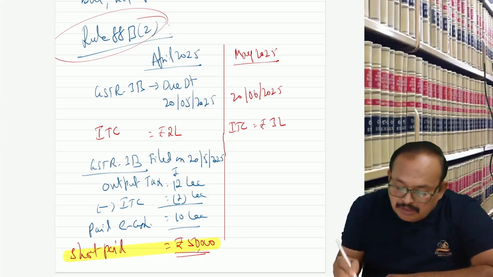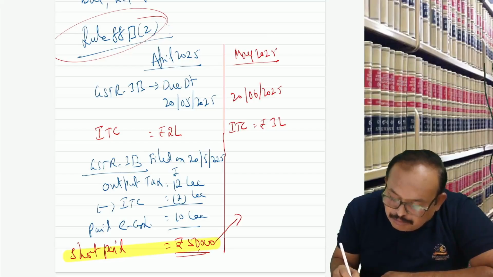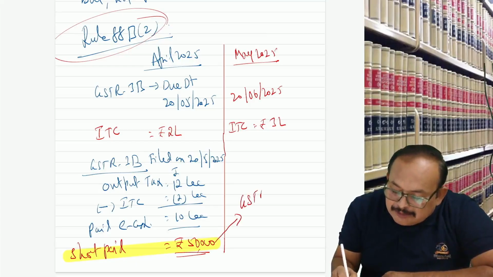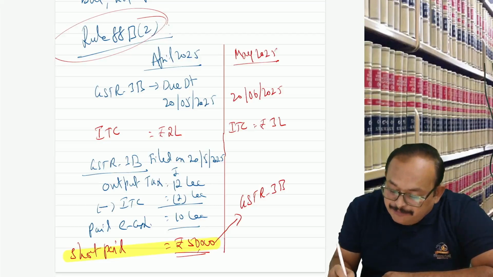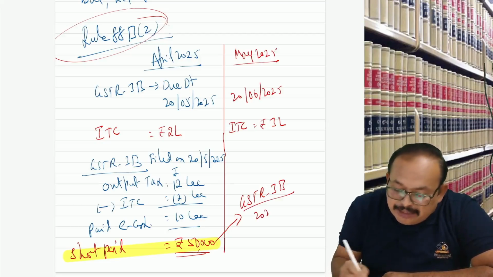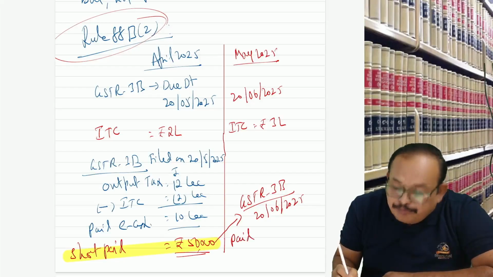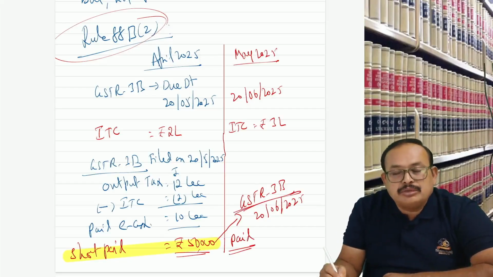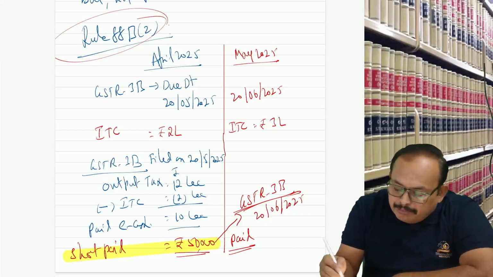Now, that short paid, you are entering into May month, okay? While filing GSTR 3B for the May month, when? 20th June 2025, this amount is paid. If you paid this amount in the month of June, now you tell me, my May month liability how much?